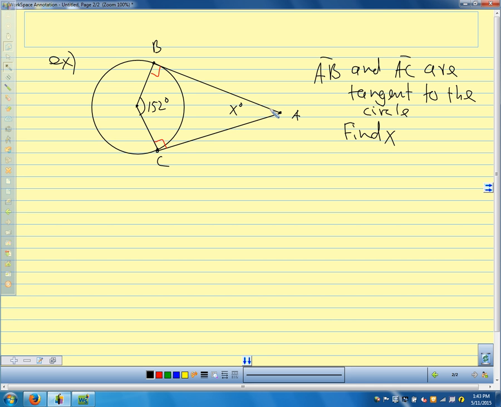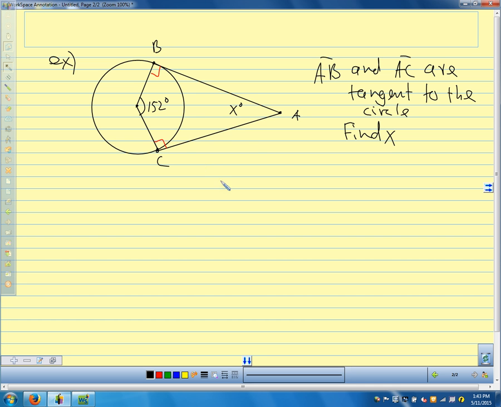What kind of shape is this? How many sides does it have? It's a kite? A quadrilateral? What do all the angles inside a quadrilateral add up to? 360. I know three of them. Can't I figure out the fourth?